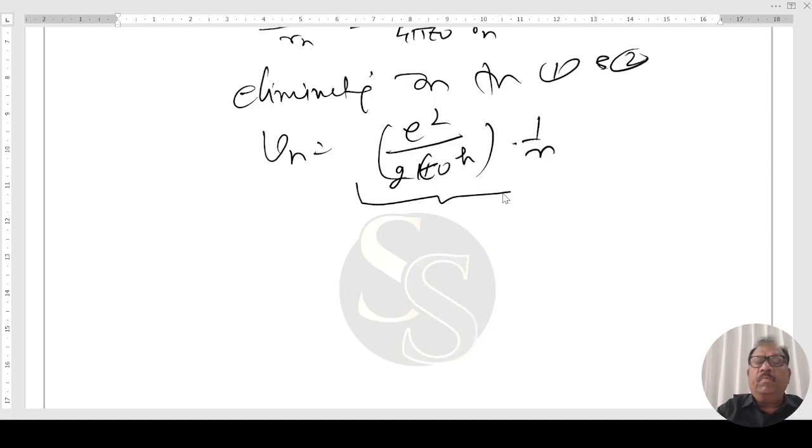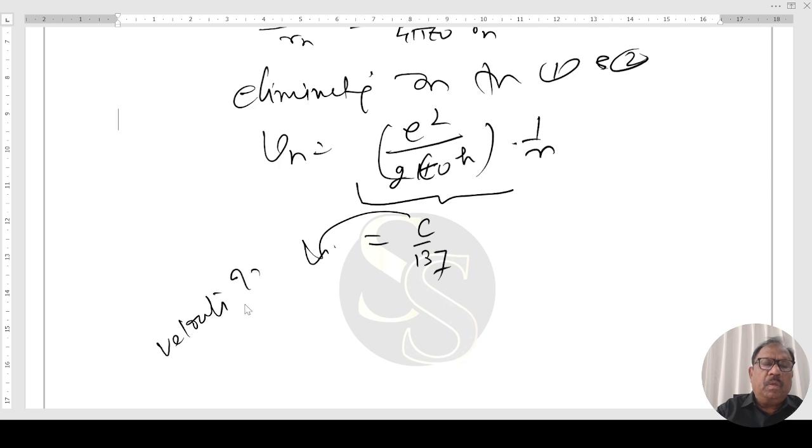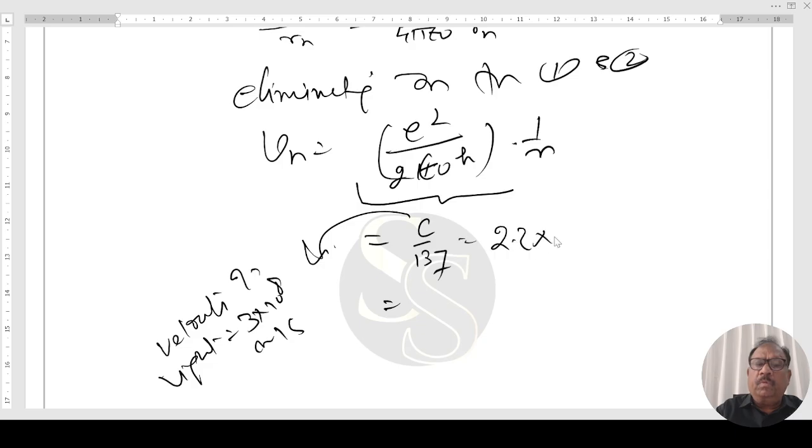Its value, one of the values, is C upon 137, where C is the velocity of light, whose value is 3 into 10 to the power 8 meter per second. On further simplification, this comes out to be 2.2 into 10 to the power 6 meter per second.